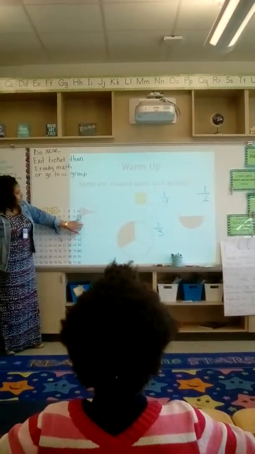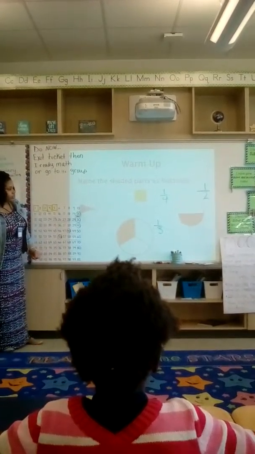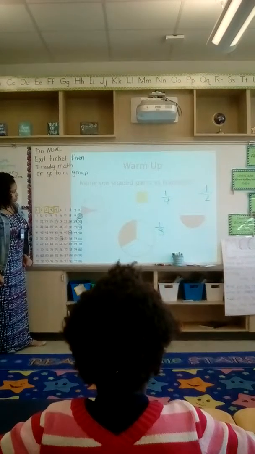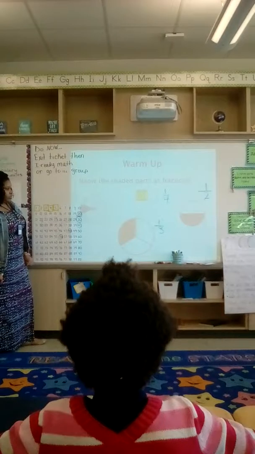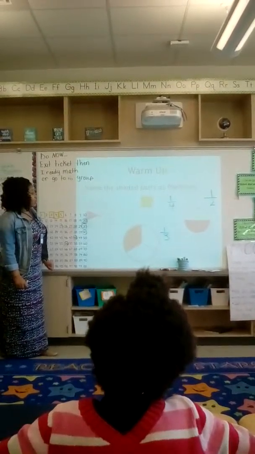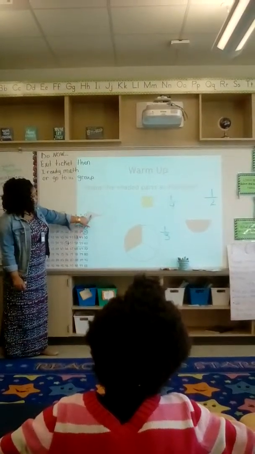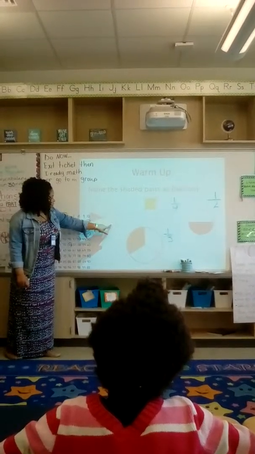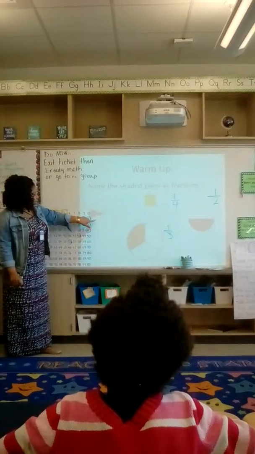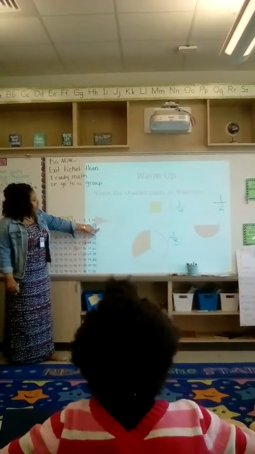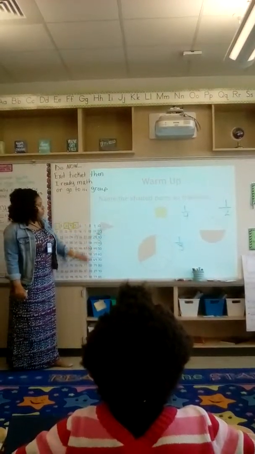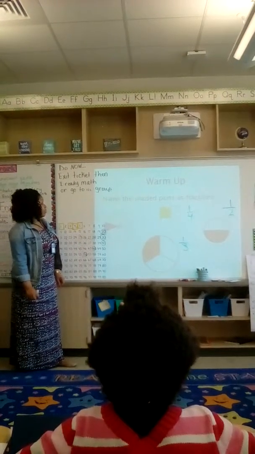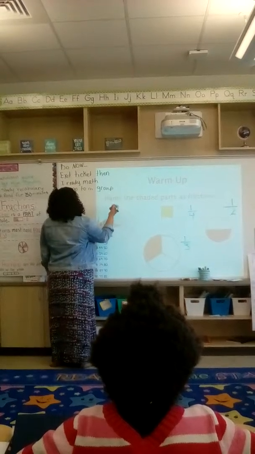Here's a little tricky one maybe. Christopher, can you tell me how to write this fraction? Let's count: 1, 2, 3, 4, 5, 6, 7, 8, 9, 10. There are 10 here. Where does my numerator go?